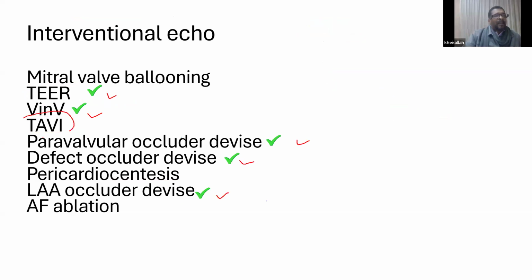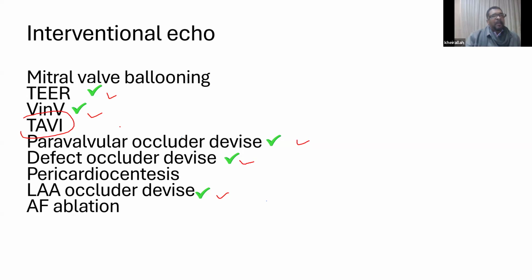You don't have to be in TAVI. Pericardiocentesis is better done by echo, but not necessarily. You can do it by fluoro guidance, which is not safe, by the way. Echo is going to make it safer. So the standard is still pericardiocentesis, though echo is not essential, it makes it safer.